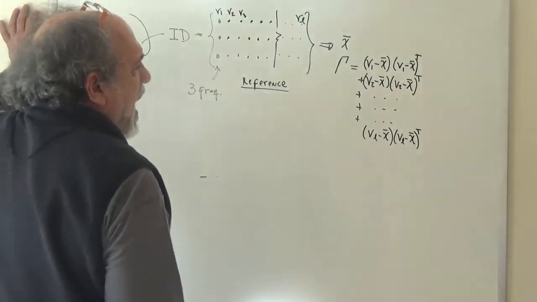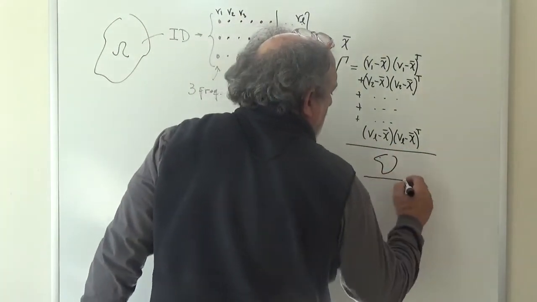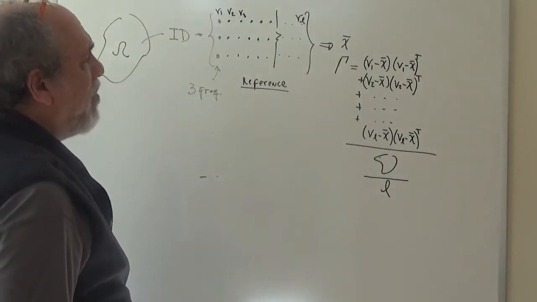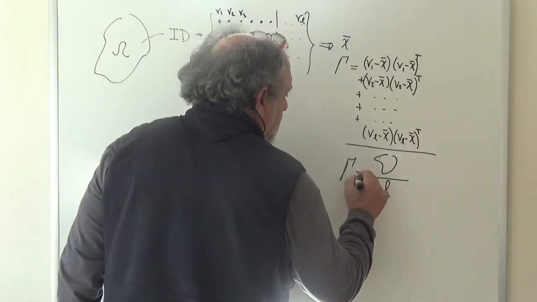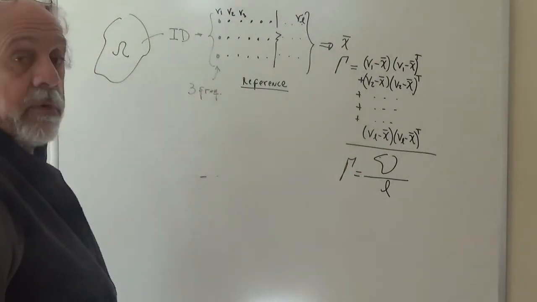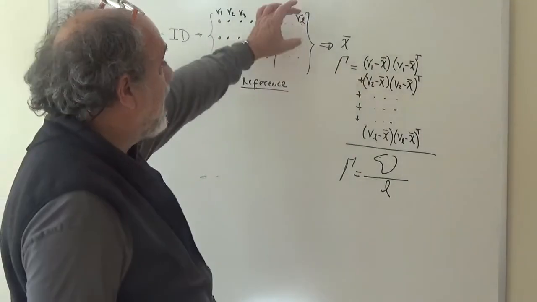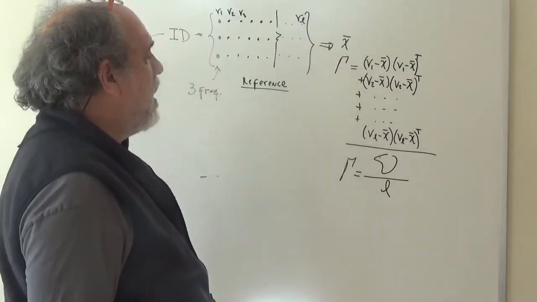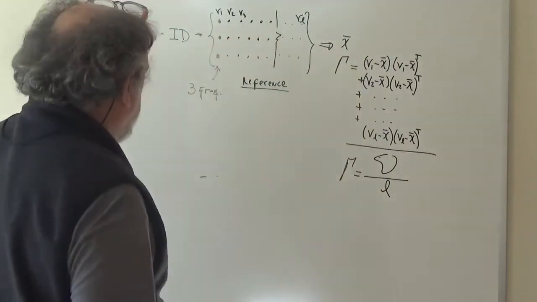So I add all of them, and then whatever I get, I divide it by L. So the average of that product is the covariance. Of course, in order for that to be reasonable, I need lots of them. I can't just do 5 or 10. I need enough of this stuff so I can get a reasonably accurate value of the covariance matrix and of the mean. So now I have my covariance and my mean of the reference state.